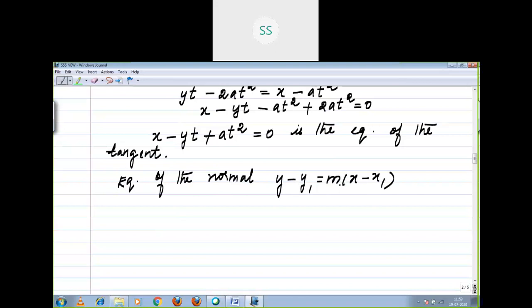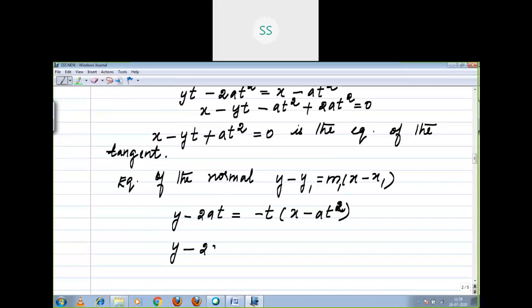Here m1 is for your understanding. Y minus 2at equal to, what is your m1? We got minus t, into x minus at².